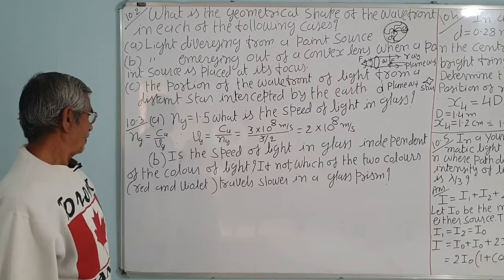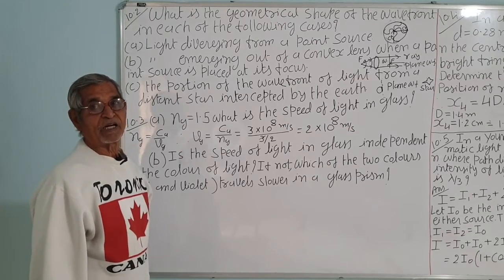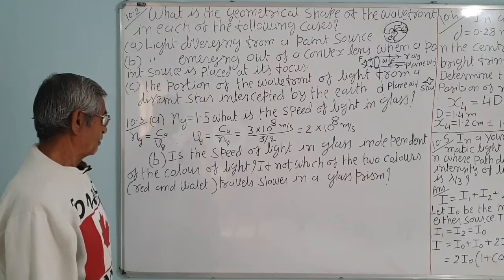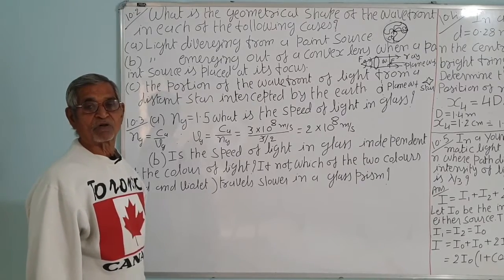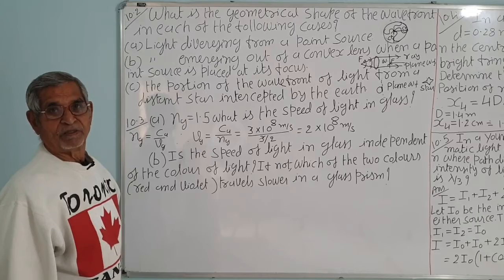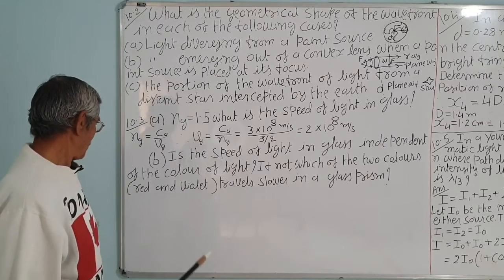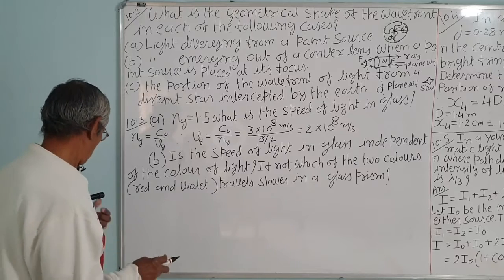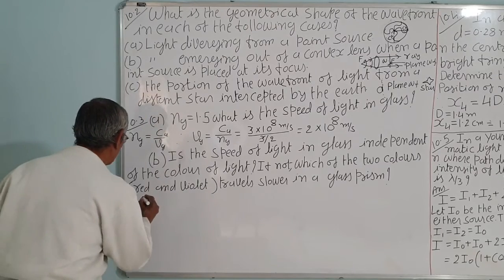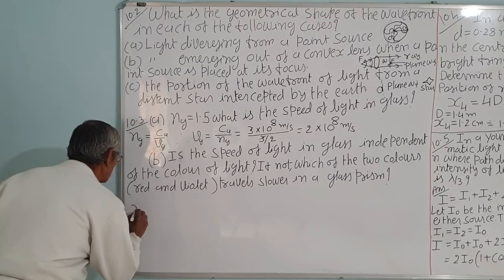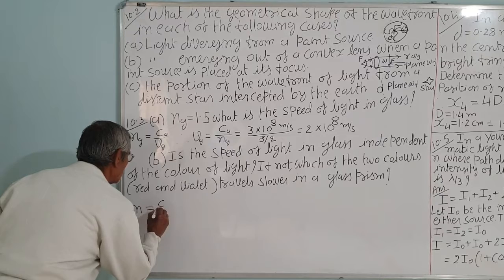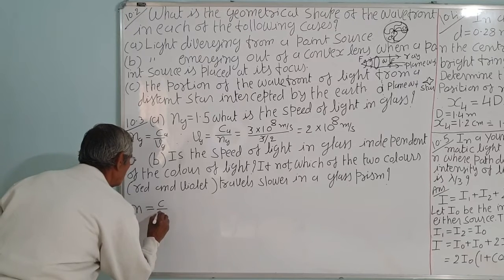Correct? Velocity is more in the case of red light and less in the case of violet light, because violet has a refractive index more than the red color. So refractive index n is equal to c upon v.